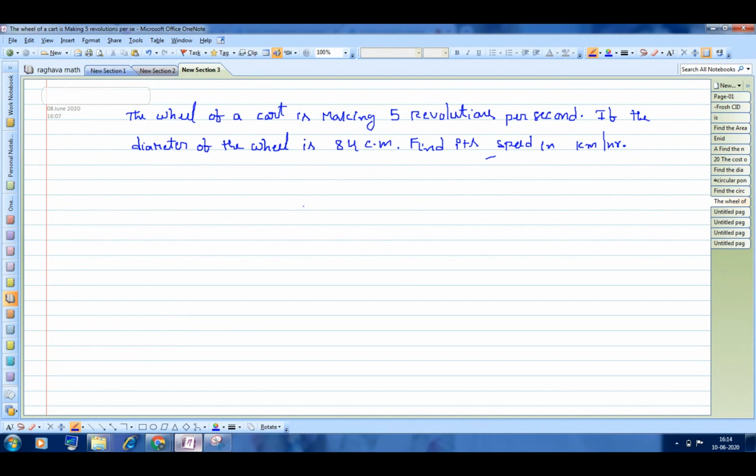Sir, 1320 centimeter per second. So convert into kilometer per hour.